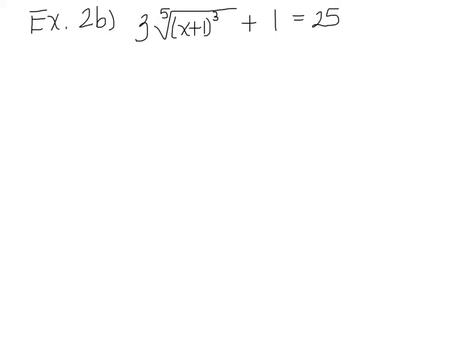Here's an extension from example 2, where it didn't start off as a rational expression, but it will. So you want to get the radical part by itself. So I'm going to subtract 1 first.